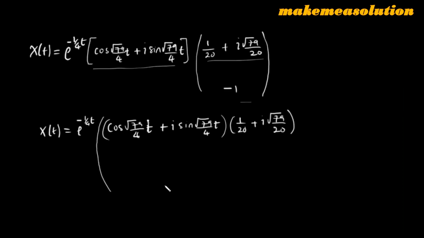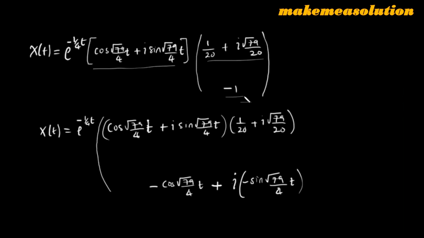Then this term times this one is going to be minus cos root 79 over 4 t, then plus i, then minus sine root 79 over 4t. So there's a reason I placed it like this.